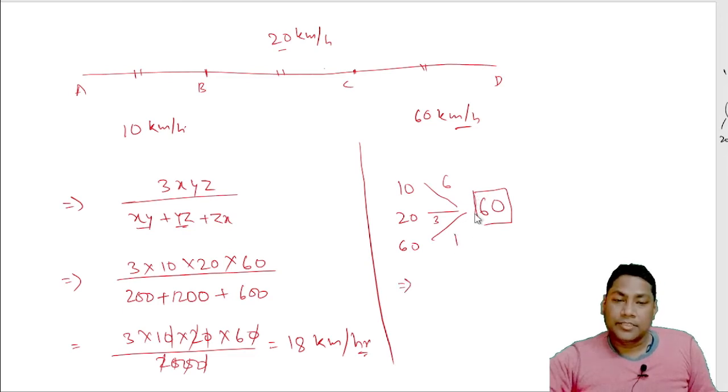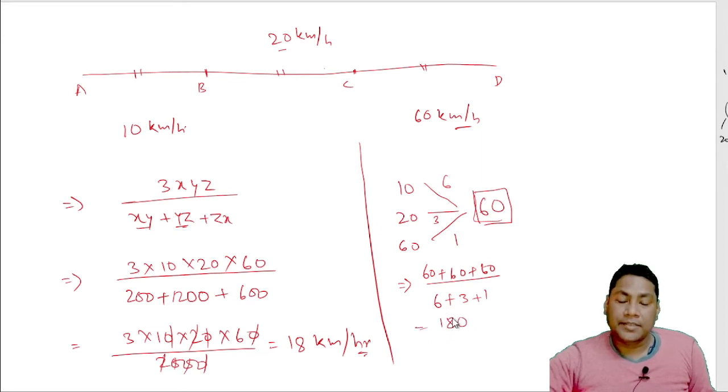The total distance becomes 60 plus 60 plus 60, and the total time consumed is 6 plus 3 plus 1, that is 180 divided by 10. Here also, 18 km per hour.